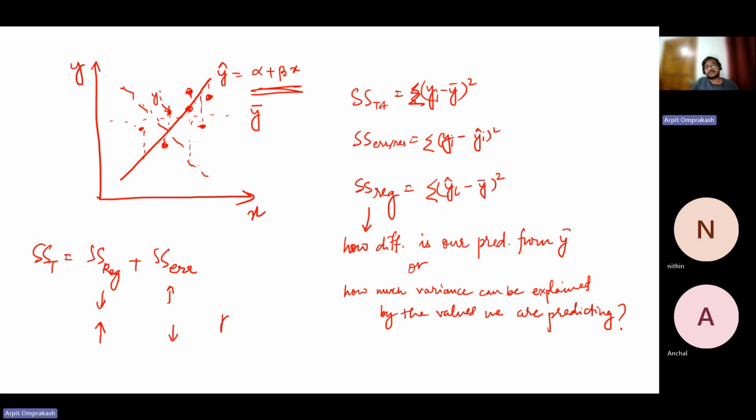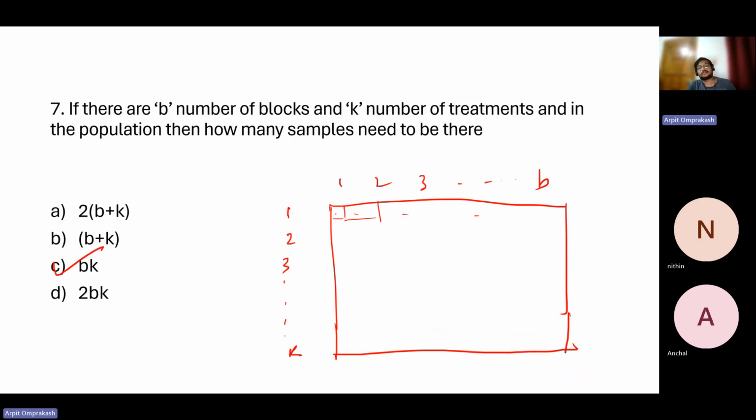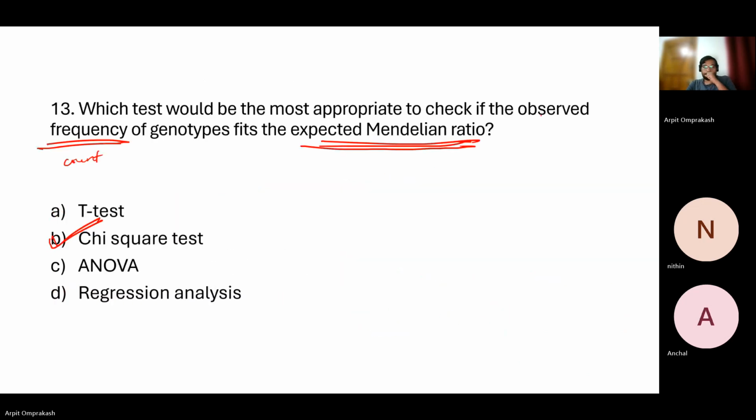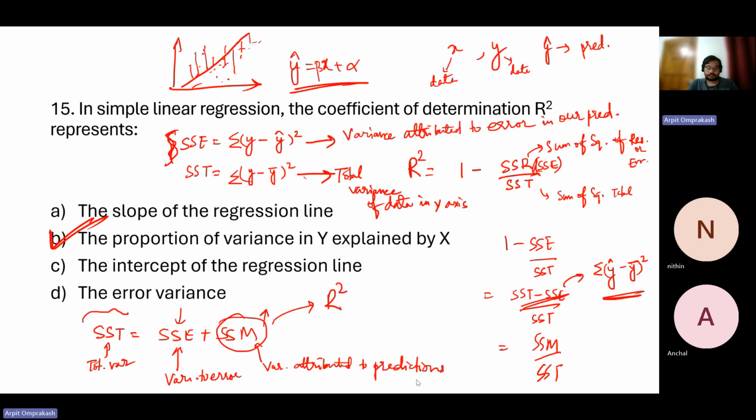And our R square is actually given as SS regression by SS total. So this is basically the proportion of variance that is explained by our regression line out of the total variance that is there in the data. Right. Is that clear? Does anyone have any questions or difficulty?